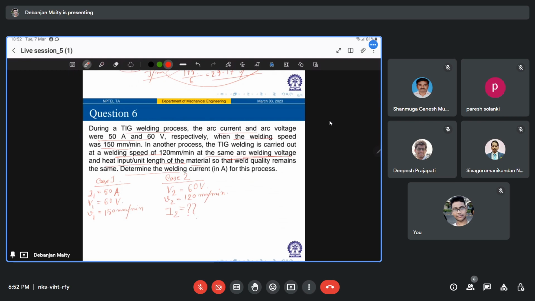If this heat input per unit length remains same, you can simply write this. Is it true? Yes, sir. So you can simply write 60 into 50 by 150 equals 60 into I2, the current, by 120.